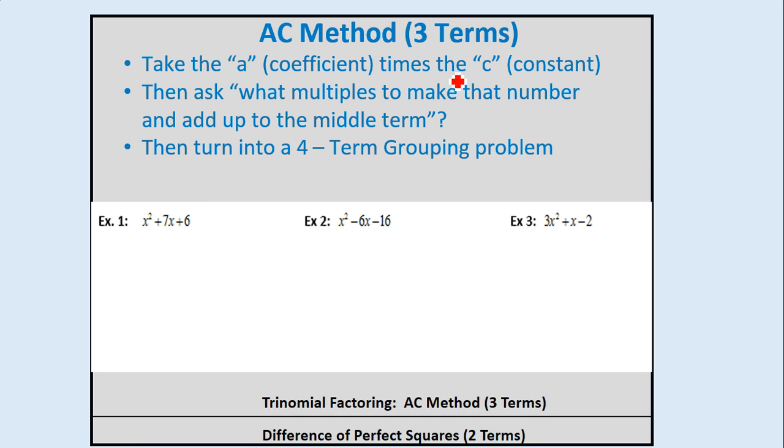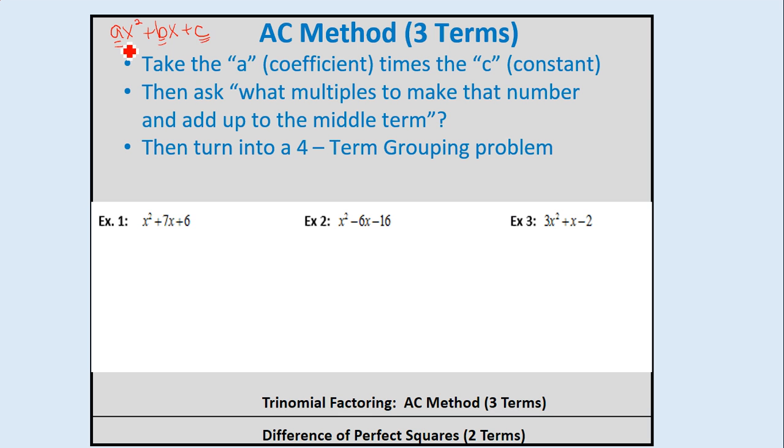So let's follow these directions. We're going to take the A coefficient times the C constant. Now, you might remember back from Algebra 1, you always wrote these as ax squared plus bx plus c, a trinomial, that is a quadratic. These A, B, and C represent the coefficients or the numbers in the problem.